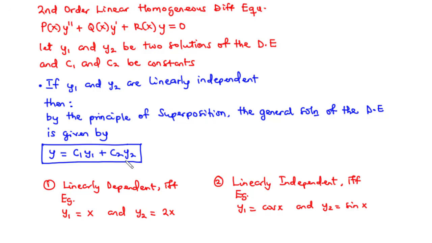So let's assume that we are given a differential equation which is y prime prime plus y equals 0. This is the second order linear homogeneous differential equation. And we are going to assume that y1 and y2 are two solutions of the differential equation.